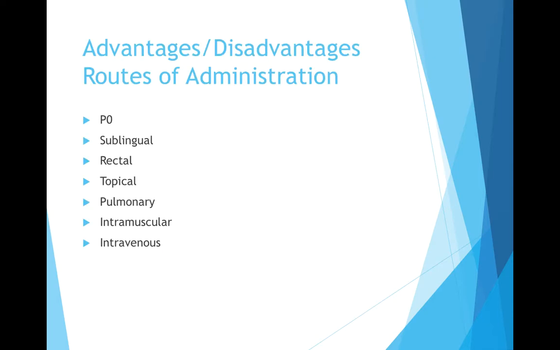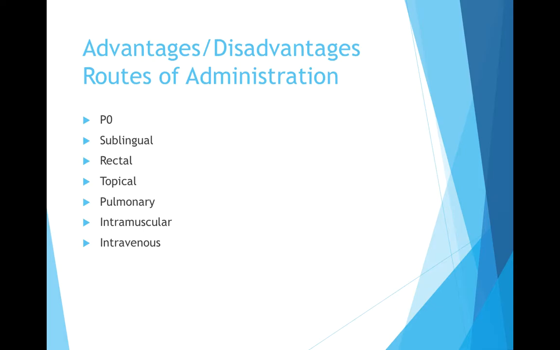So some of the advantages and disadvantages, obviously, of the routes we know with the PO. Obviously, it can limit the absorption depending on many factors: the integrity of the GI tract, the amount of absorption if it's a high first pass compound, and the list goes on and on.